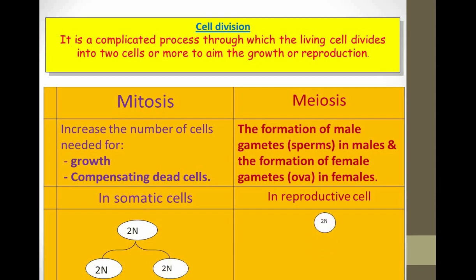Meiosis, represented by 1 cell 2n, divides to give 2 cells n plus n, and each of them also divides to give 2 new cells, each of them also n.